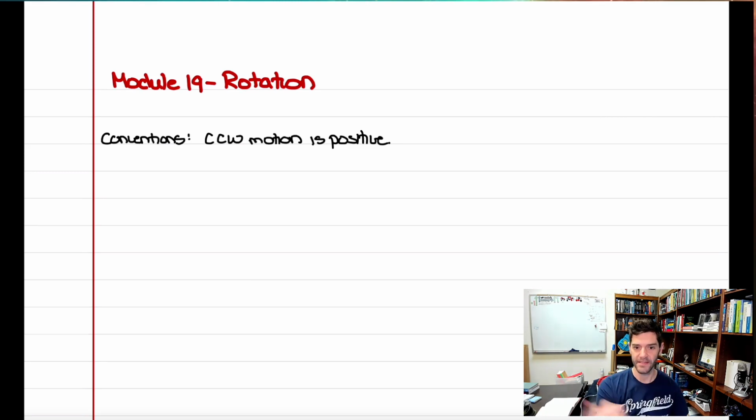Is it rotating like this, or is it rotating like this, or rotating like this? And then is it rotating faster or slower? Or is it rotating the opposite direction?